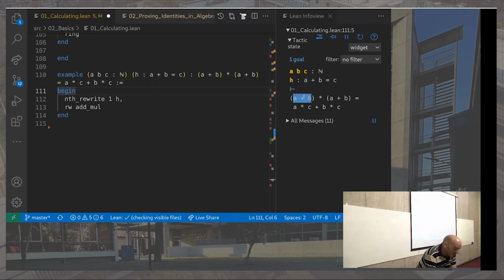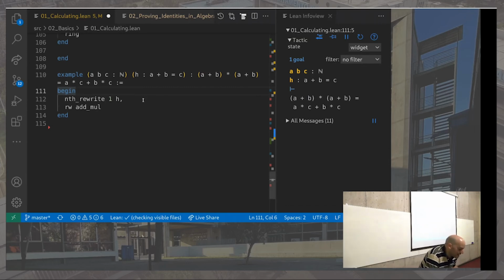The idea is that we want to rewrite H, but just once. So of course we want to rewrite H just here. Instead of having A plus B, we want to have C here, but we don't want to have C there, otherwise we will get C times C equal to something.